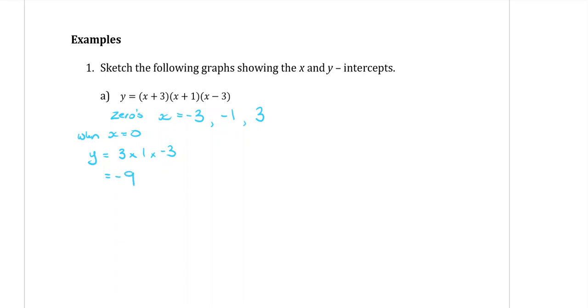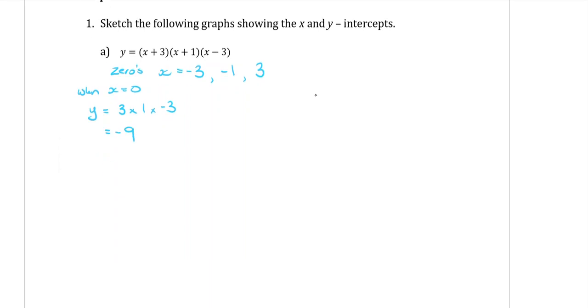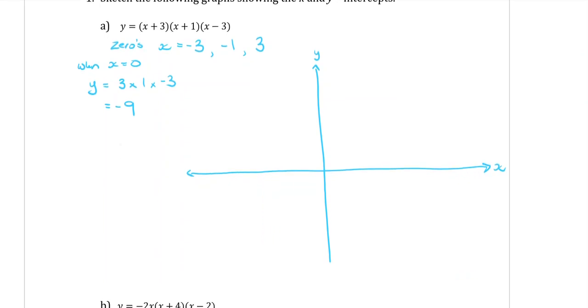So to draw this, the scale is not particularly important. It's just a sketch, but you do need to make sure that you're showing and labeling your x and y intercepts. So I like to have a scale on my x-axis just because it helps space things out. It doesn't look too out of shape.